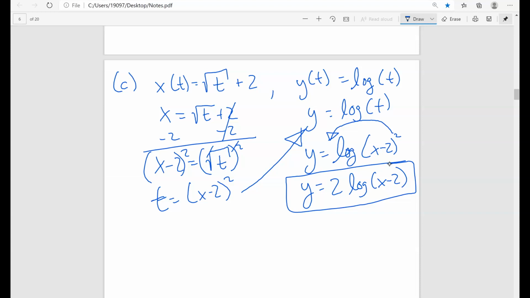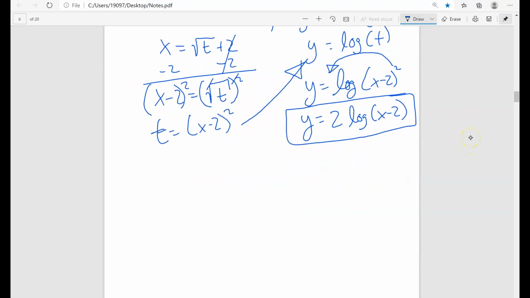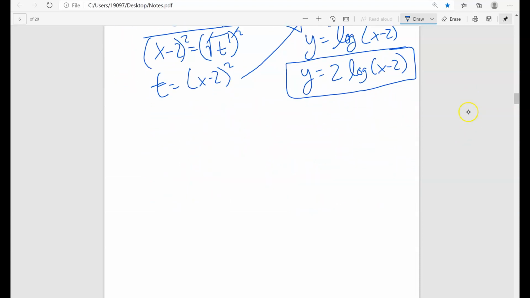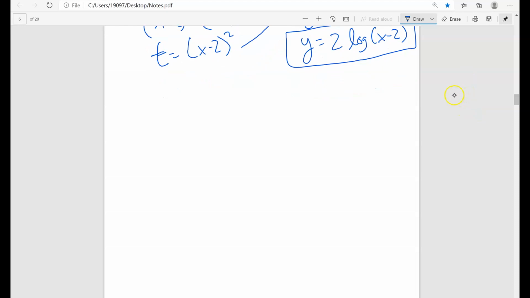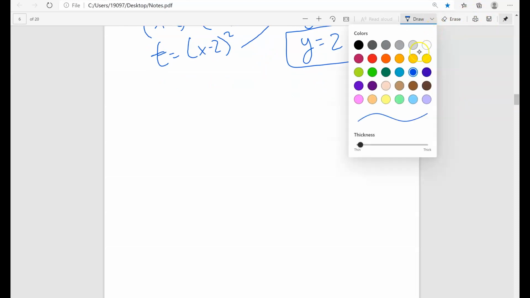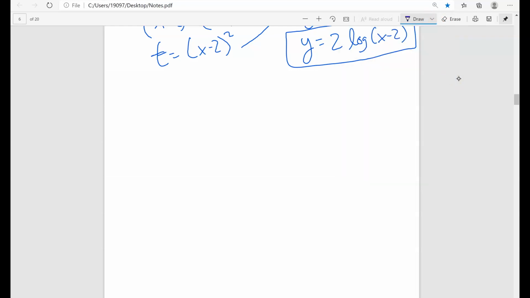All right, cool. All right, so now that we've practiced eliminating the parameter, I want to do one last problem where we can graph it, but now we're graphing parametric equations with trig functions. So, graphing parametrics with trig.